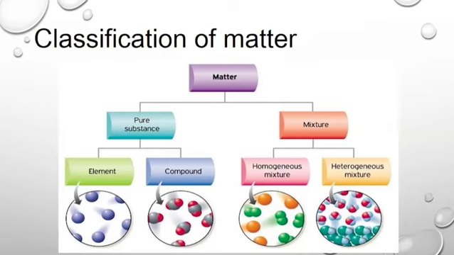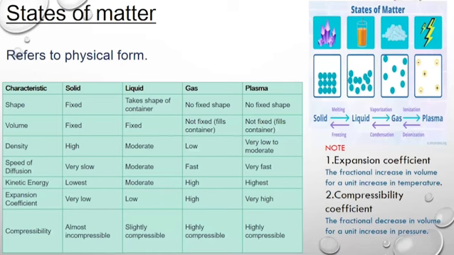And now let's talk about the states of matter. So what is this state of matter? State of matter always refers to the physical form. According to that, we can divide the states of matter into four types. One is solid, the other one is liquid, then gas, and plasma.